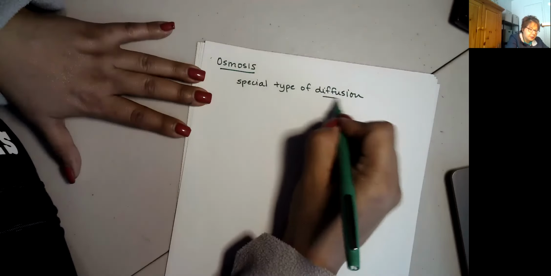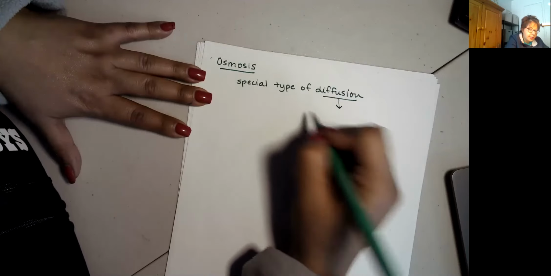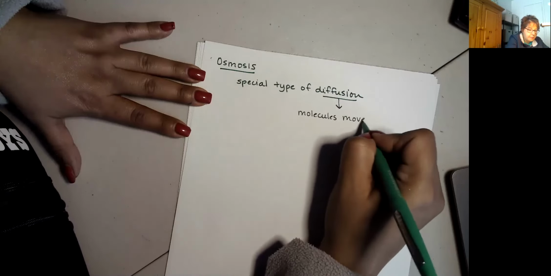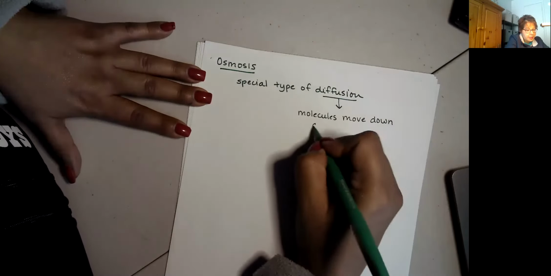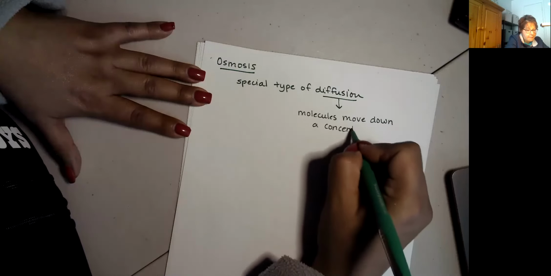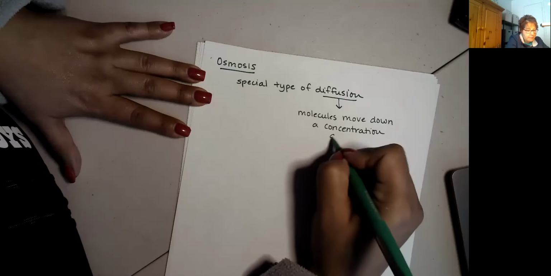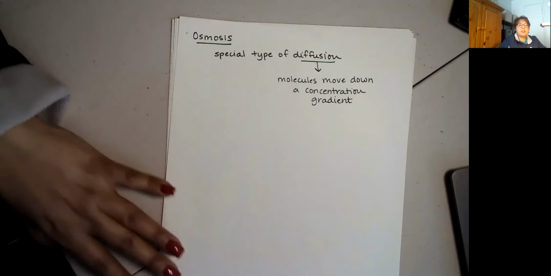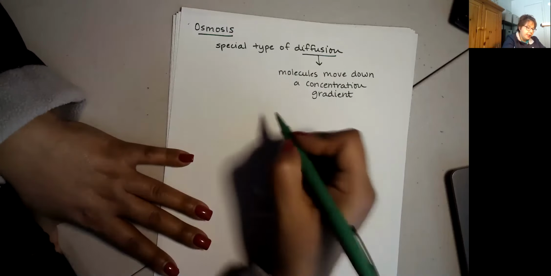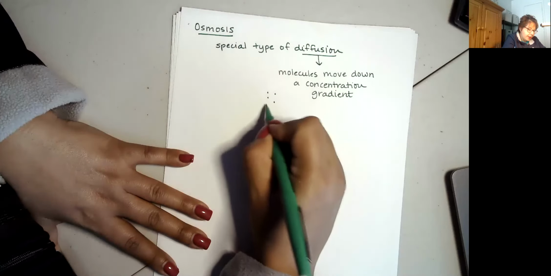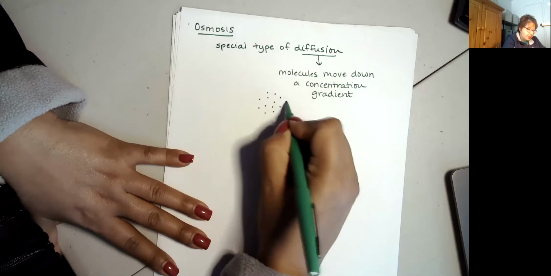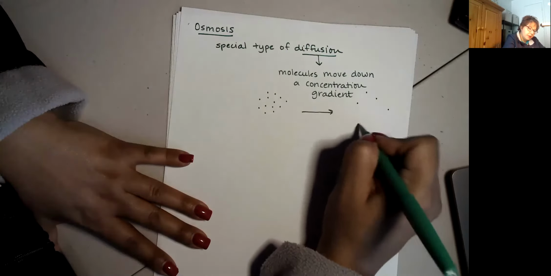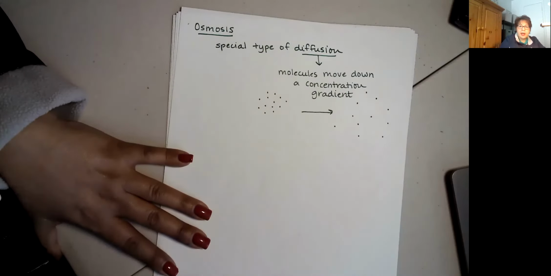And diffusion, in case you're wondering what that is, is when molecules naturally move down a concentration gradient. And all that means is, let's say over here you have a bunch of perfume molecules. Over time, they spread out.